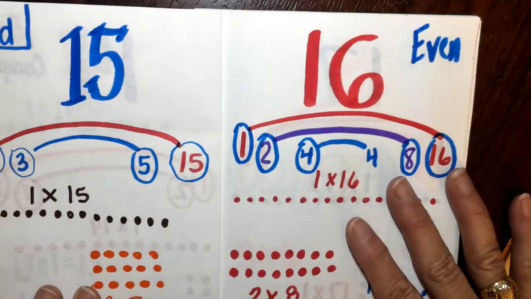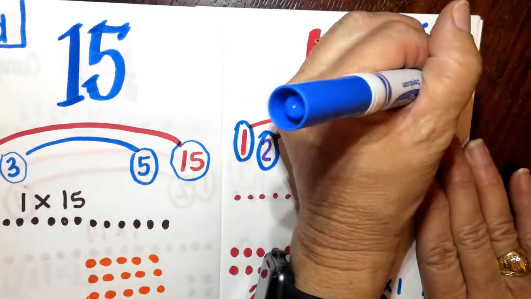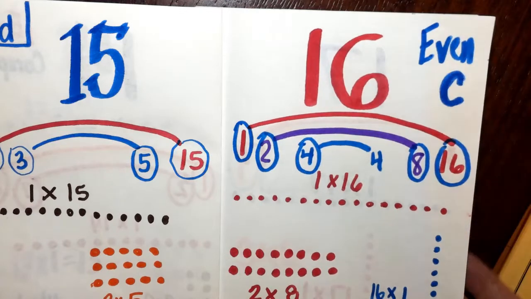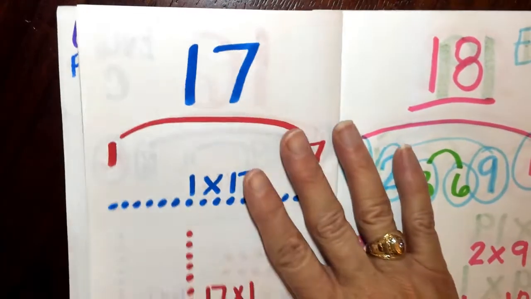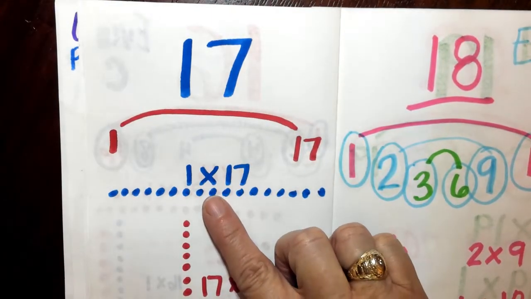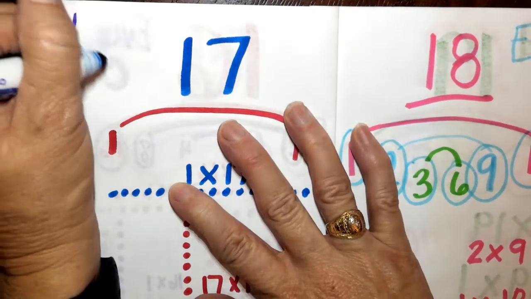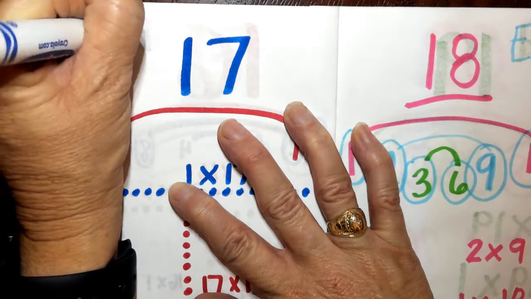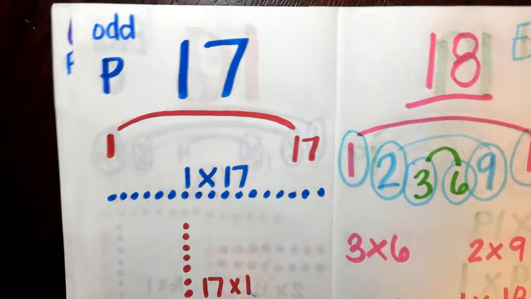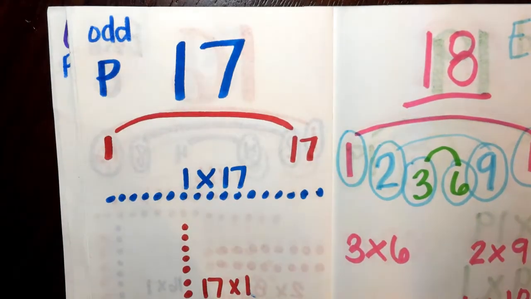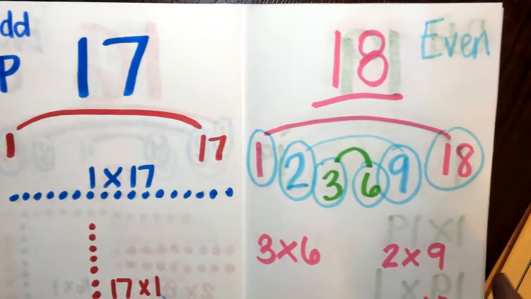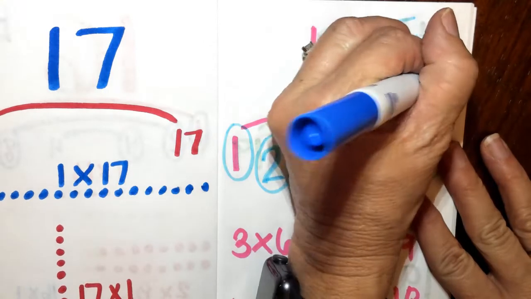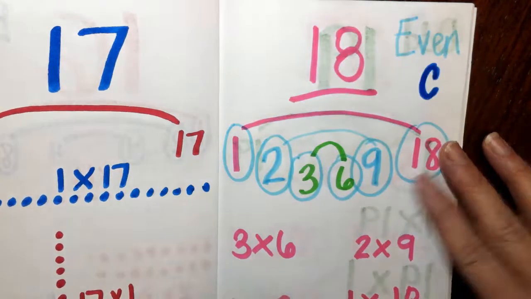Number 16, more than two factors, again, composite. And number 17, only one set of factors, so we're going to label that P for prime. And I forgot to add that this was odd, so I'm going to go back and add that real quick. Moving on over to the number 18, lots of factors, so again, composite.